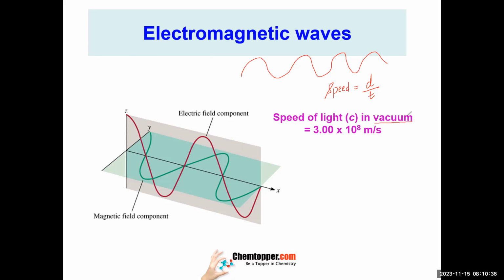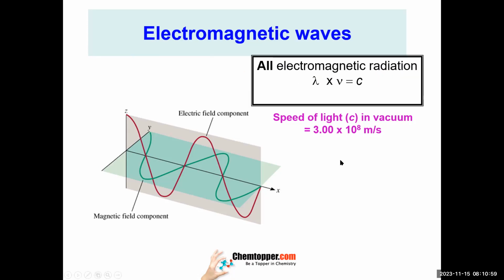If you change the medium, there are some very slight changes. Otherwise, we are generally going to take the speed of light like this. It's represented by small c. This is the speed of light. We are okay with this? Okay. So memorize this value because you are going to use it in many questions.